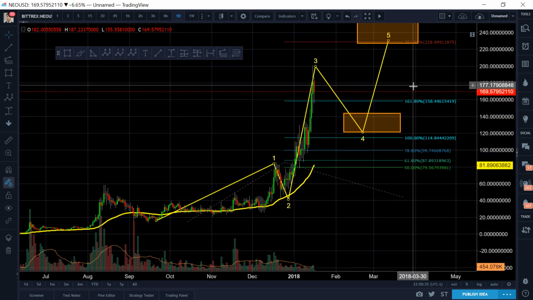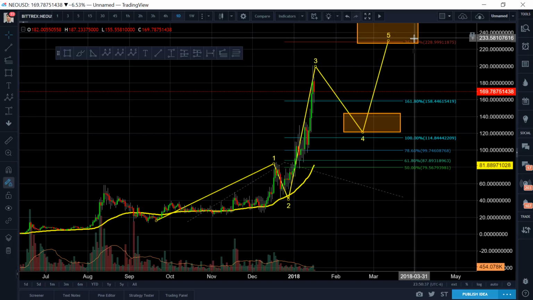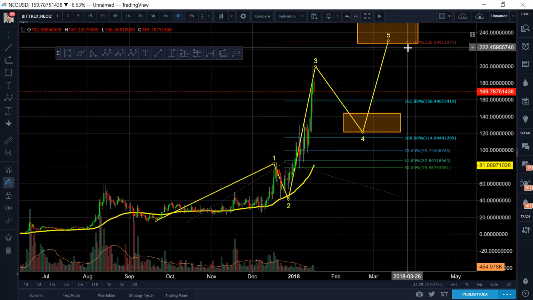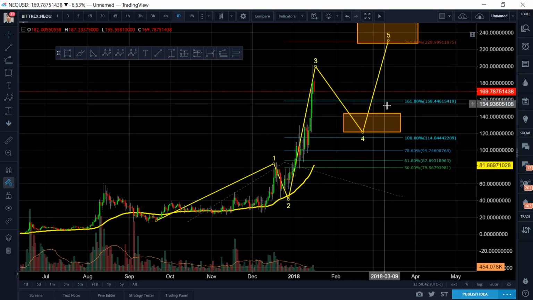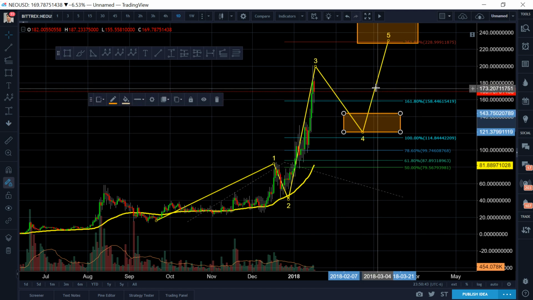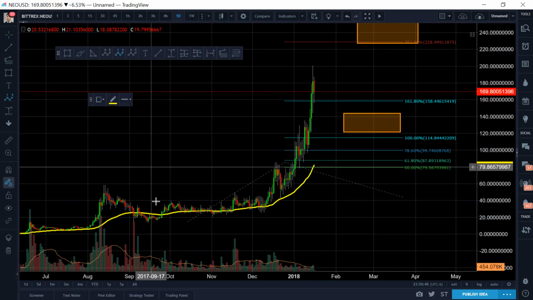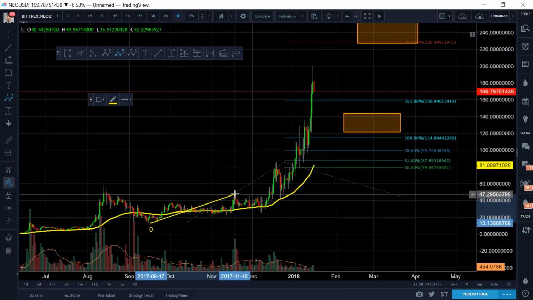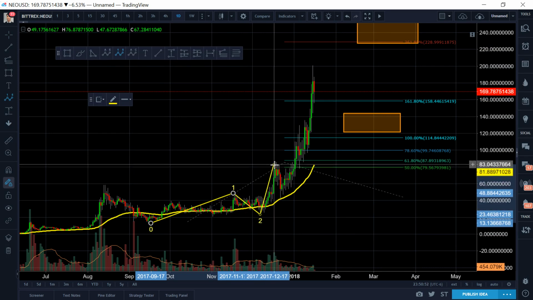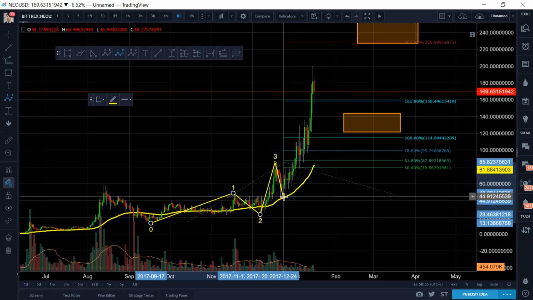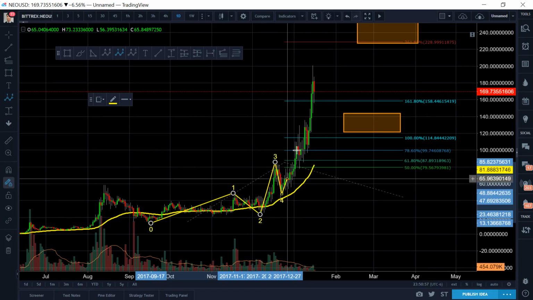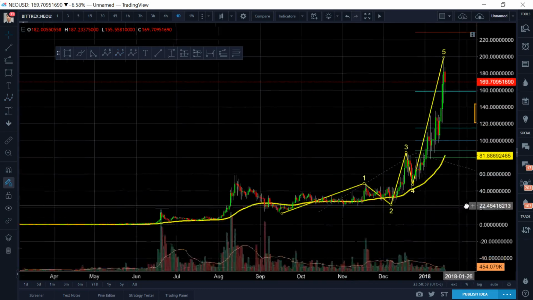Then what that's going to mean is there's going to be a much deeper retracement. Instead of this box right here that denoted wave 3, if I'm right, this is 1, and that's 2, and that's 3, and that's 4, and this is 5, okay?